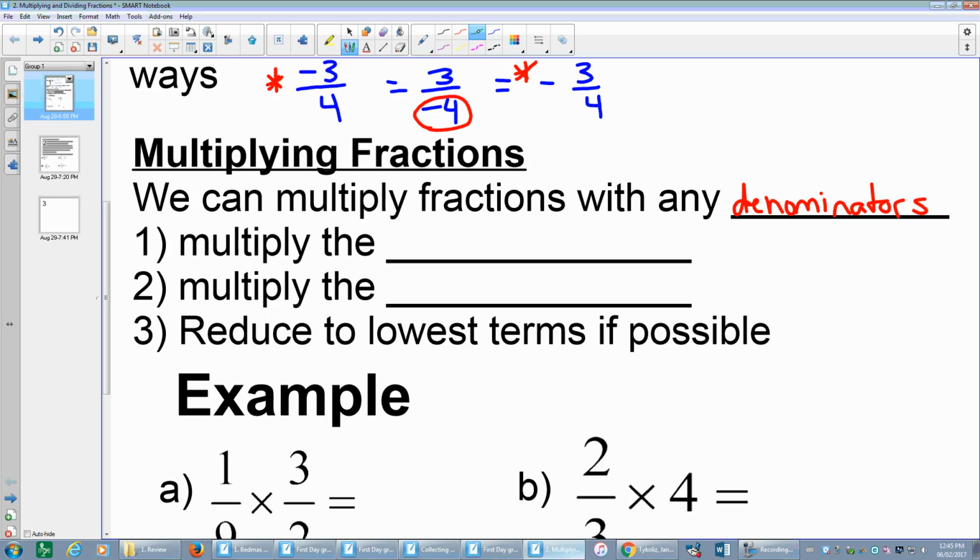My first step here is I'm going to multiply the numerators. Step one, tell me what that's equal. Then I'm going to multiply the denominators together. And then in my third step, I'm going to reduce to lowest terms, and that's if it is possible. Okay, so multiplying, pretty straightforward.